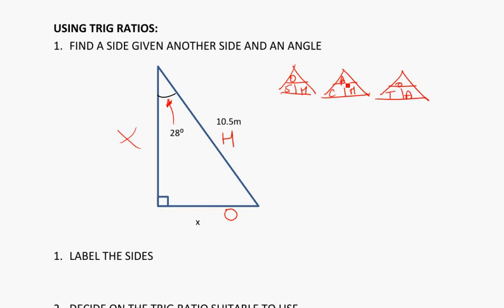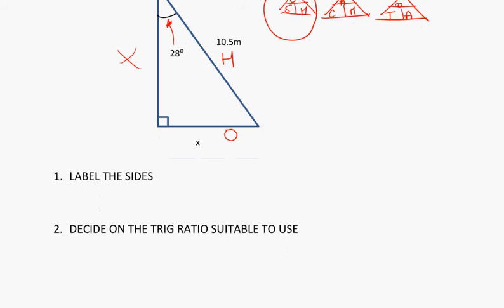O and an H, A and an H, O and an A. So this one is the trig ratio that we're going to use, and it's the sine ratio. So we've labelled the sides, done that. We've decided we're going to use the sine, that one there.